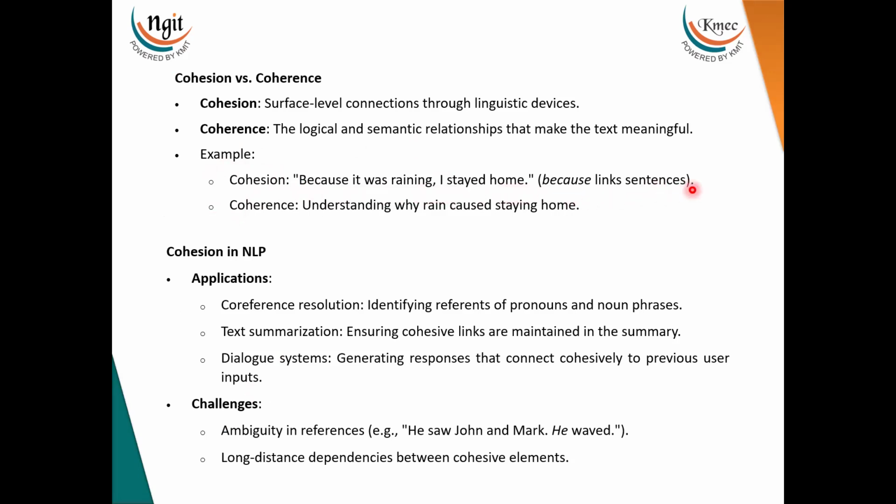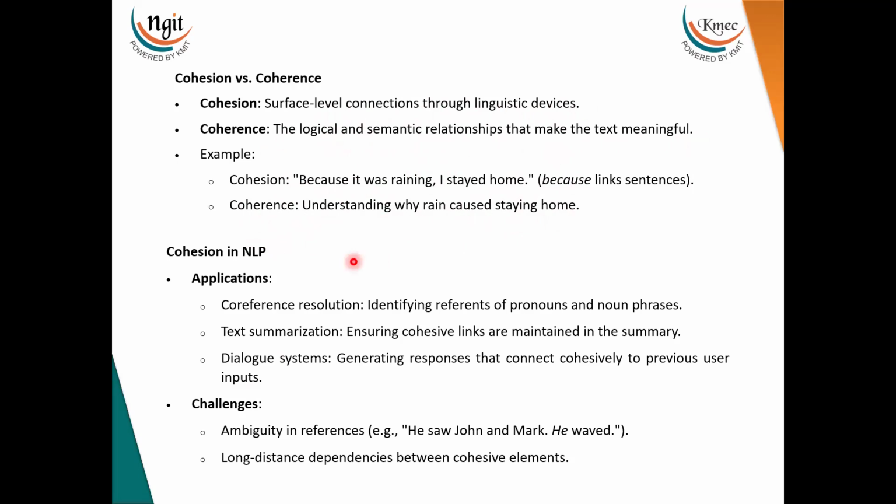Here "because" is linking the sentences, which is cohesion. Coherence is understanding why rain caused staying home. Hope you got this. Cohesion is the linking of sentences, surface level connections through linguistic devices, while coherence is the logical and semantic relationships that make the text meaningful.